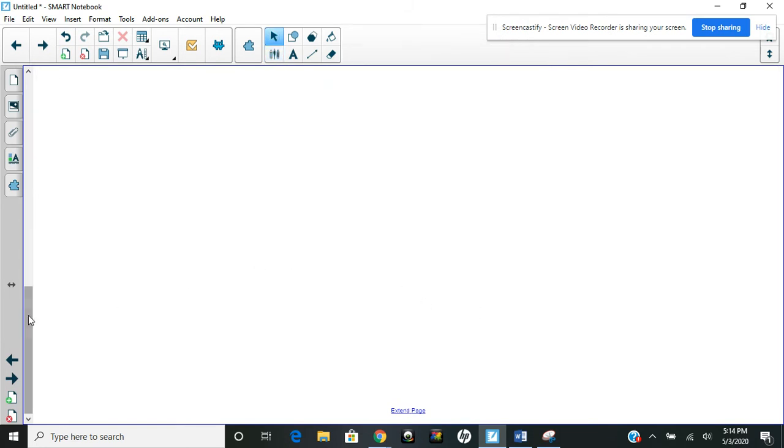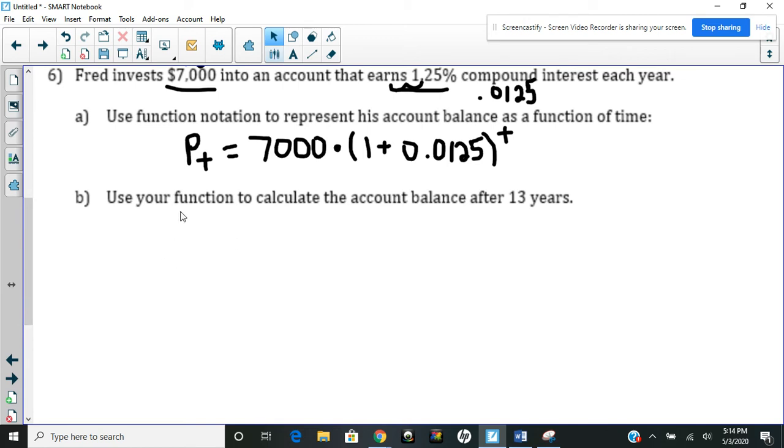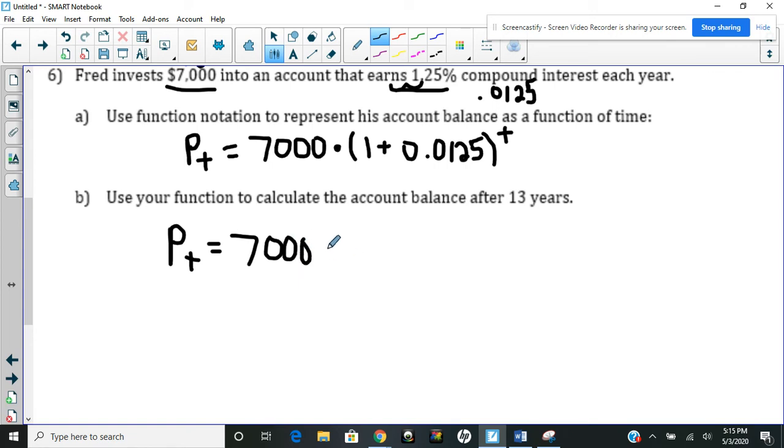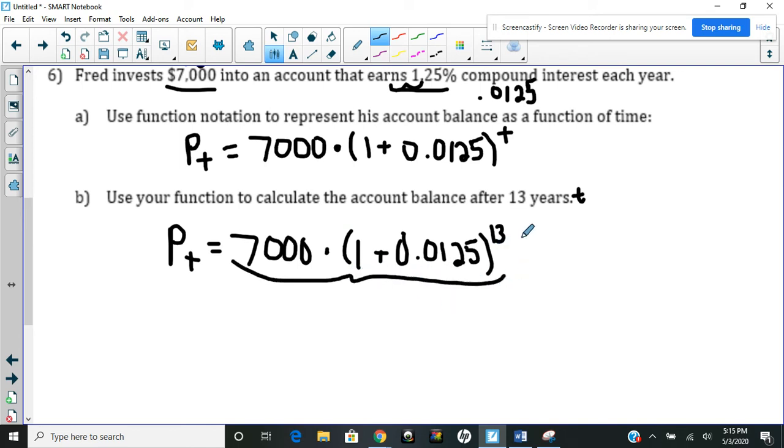Okay, so P sub t equals 7,000 times 1 plus 0.0125, close it, to the 13, because we're looking for 13 years. So if you have a TI graphing calculator, you're going to type in all of this into the same line in your calculator and make sure you use that up arrow, the caret sign, to get that 13 raised.